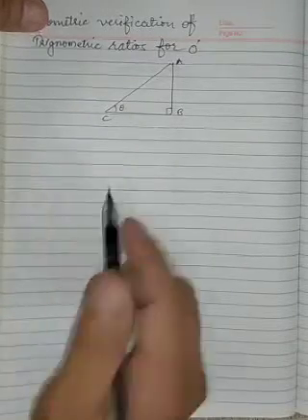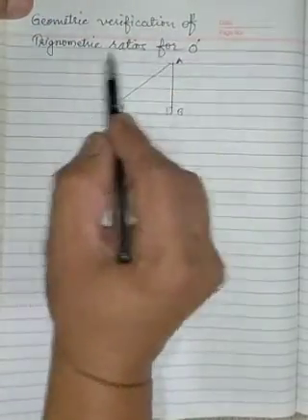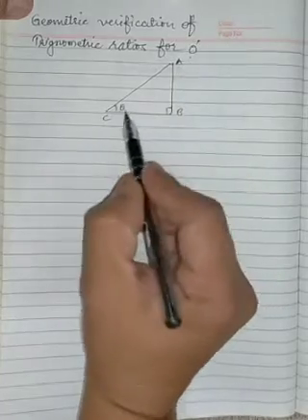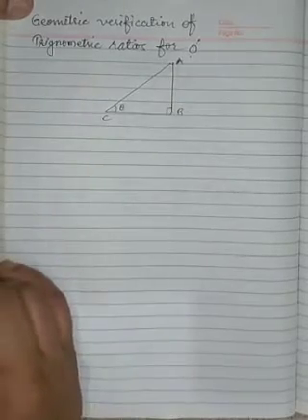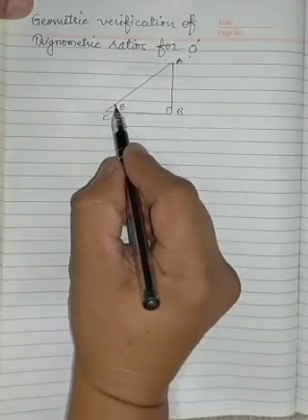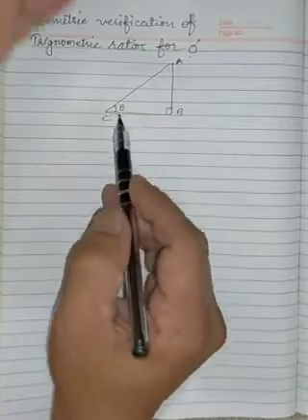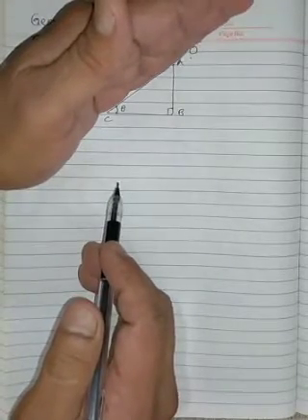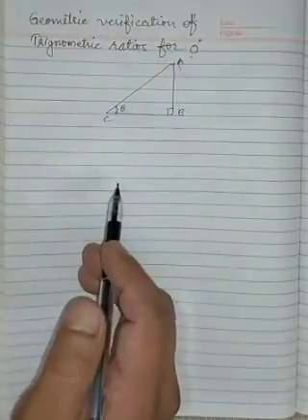Now, if we are going to find out the trigonometric ratios for 0 degree, in that case theta has to be 0 degree. So, in the process of making this angle theta 0, I have to decrease the arm AC slightly downward so that the angle becomes 0 degree.